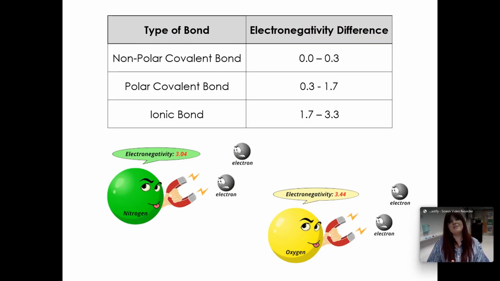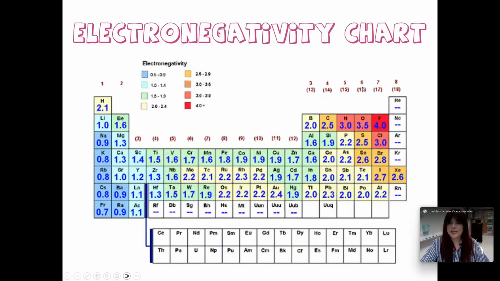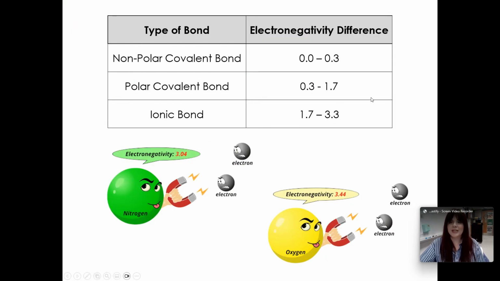I can compare that 0.5 to this little chart right here, which you will also be given. And 0.5 lies within this range, which tells me that the bond between oxygen and fluorine would be a polar covalent bond, okay?